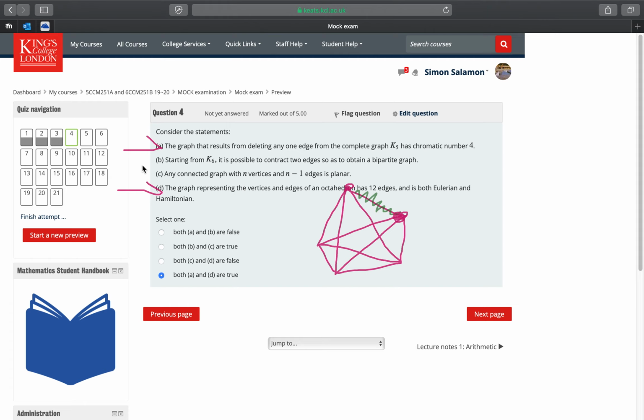So B is false. C is actually true because any connected graph with n vertices and n minus 1 edges is a tree, and therefore it's planar. Any tree is planar. So C is actually true, but B was false. So anyway, the only answer is A and D are true. That's the correct answer to that question.